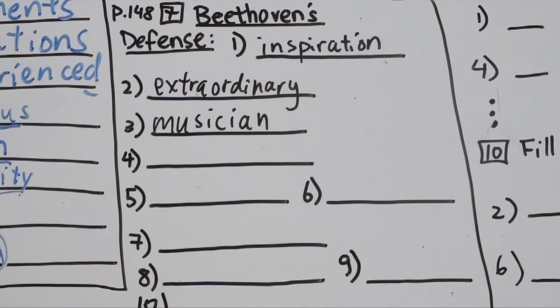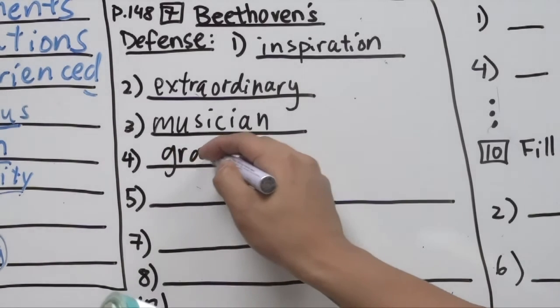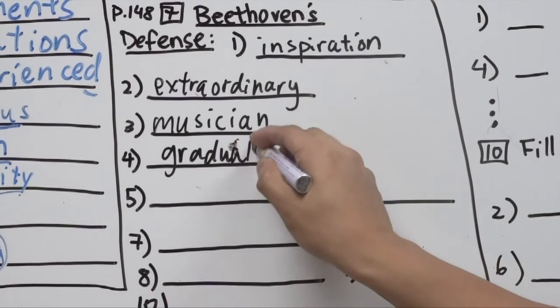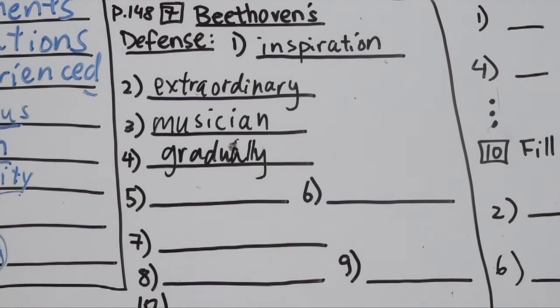Word formation. In early life, he began to lose his hearing in his late 20s, but only gradual. Gradual. This is an adjective. We have to make it into an adverb. Gradually. Okay? Gradually. ly. Gradually means slowly or by and by, after a little while.